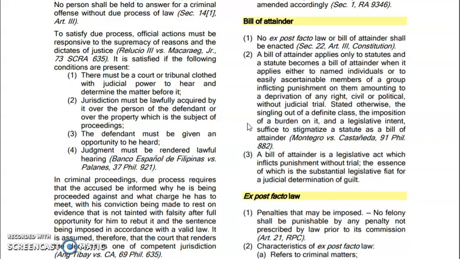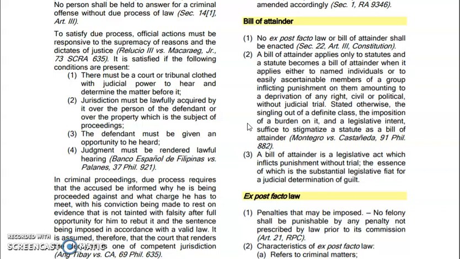Jurisdiction must also be lawfully acquired by the court over the person of the defendant or over the property which is the subject of the proceeding. Kung wala pang jurisdiction, the case will not prosper. No? Madidismiss yung kaso.